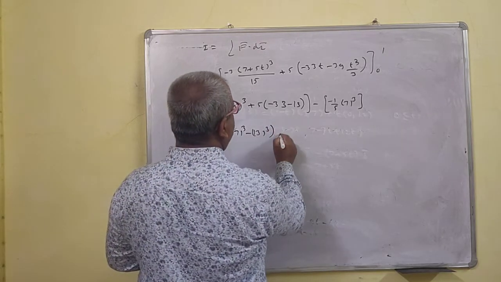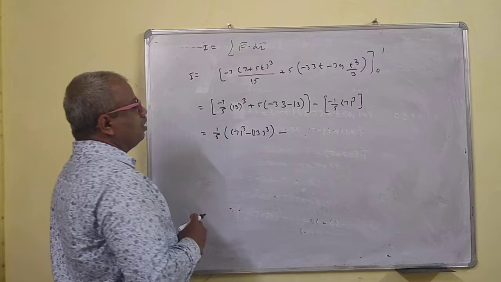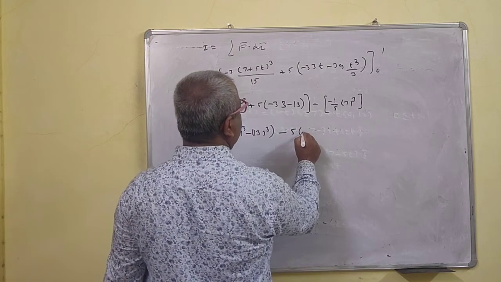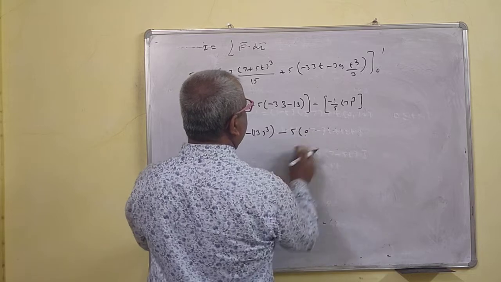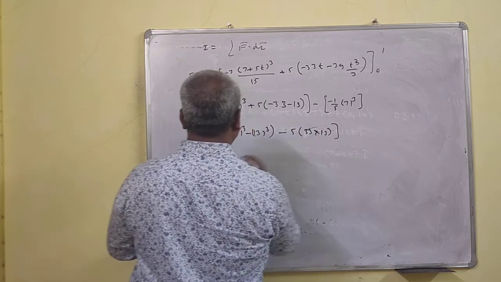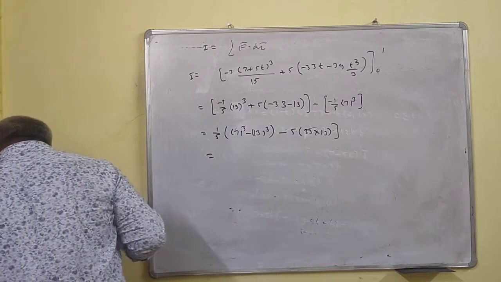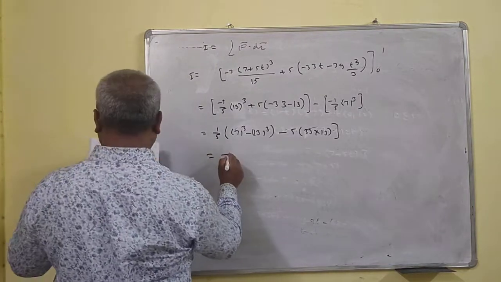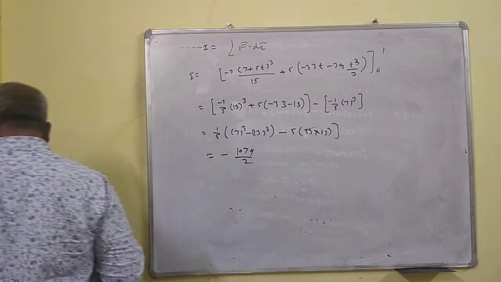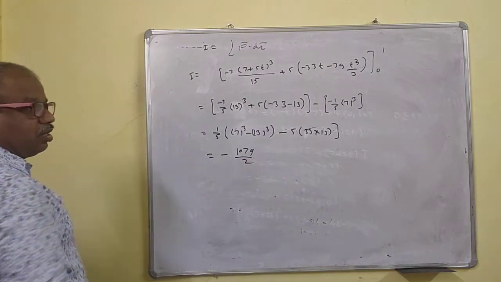So then this is minus 5 into 33 into 13. If you do this calculation, the answer will be minus 1079 upon 2. You check yourself whether this answer is correct or not.